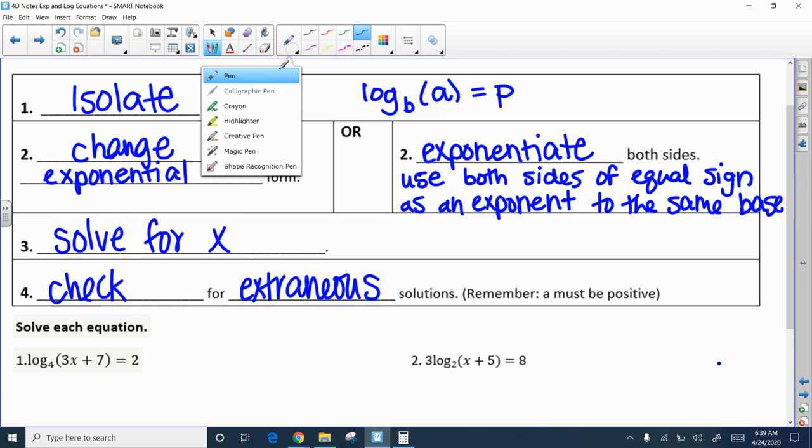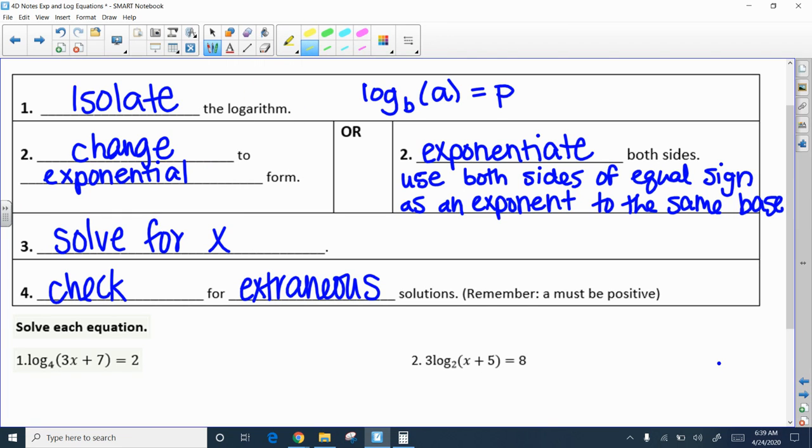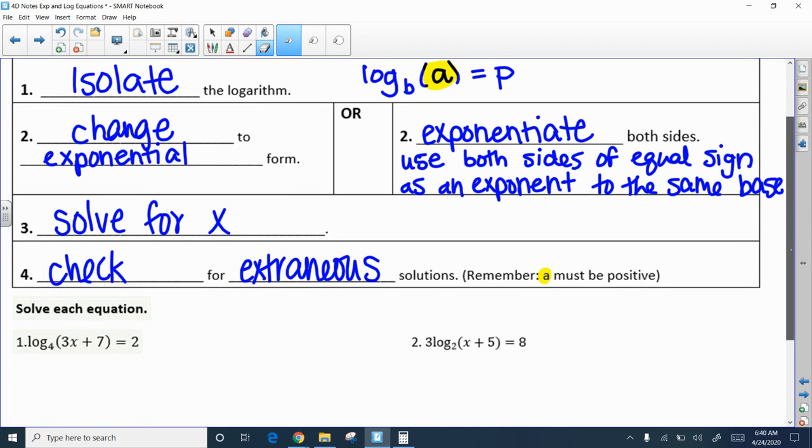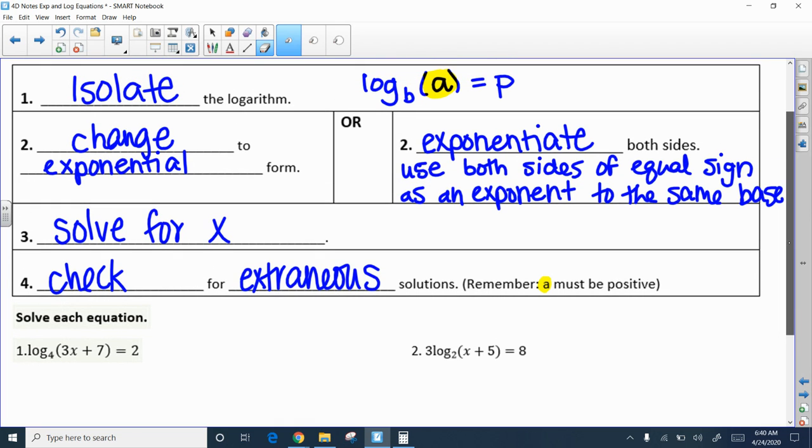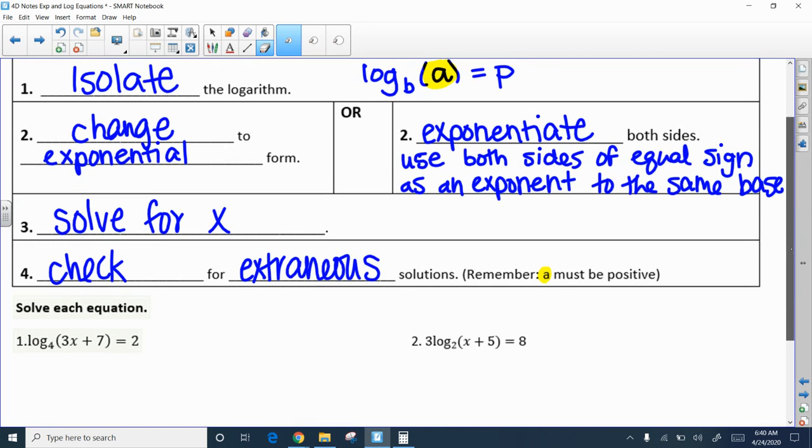Remember that we can't take a logarithm of a negative number. So the expression we're taking the logarithm of, a, must be positive. And if it's not, then there's an extraneous solution, or that solution doesn't work. All right, so let's look at some examples.